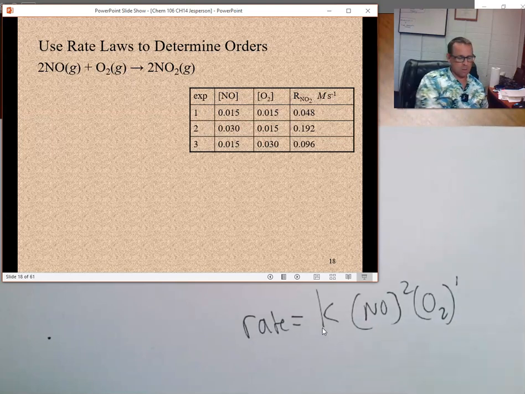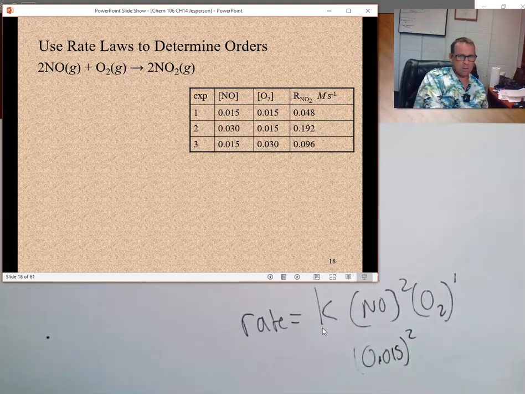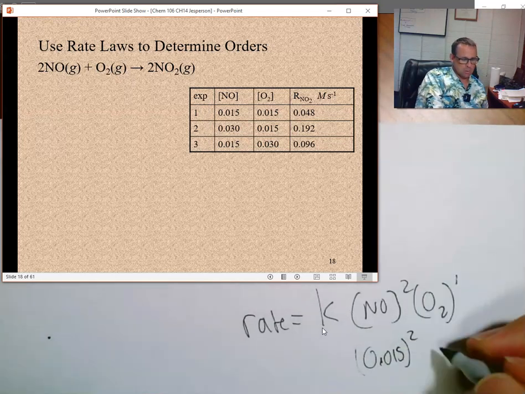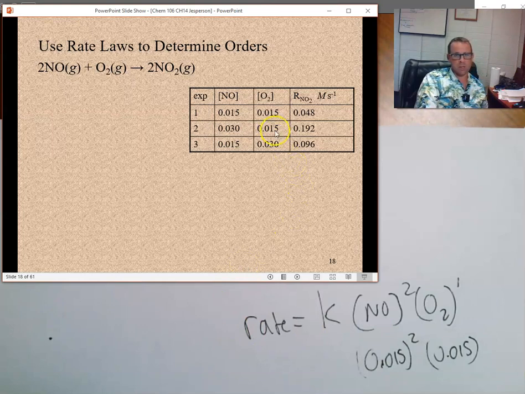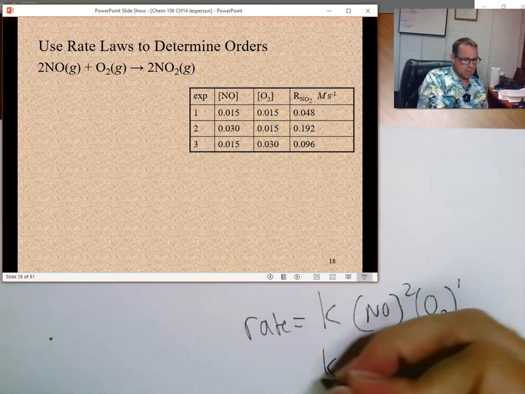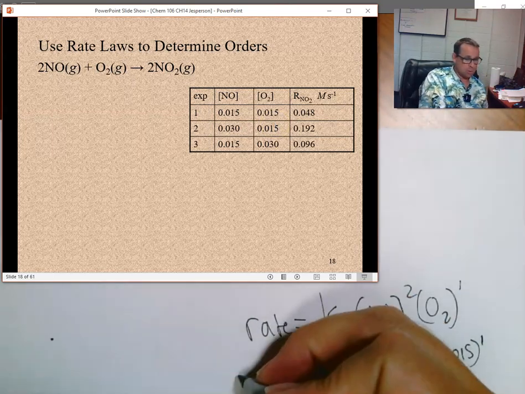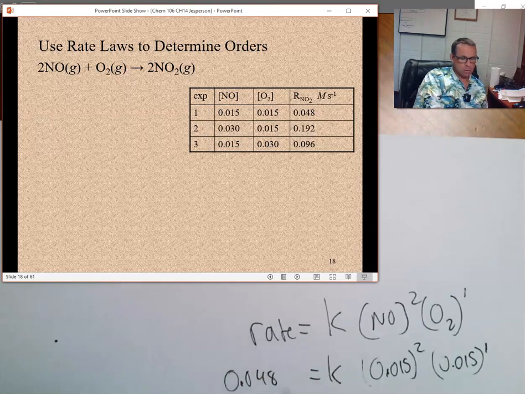I'll choose the first experiment, 0.015 squared, 0.015. This is again choosing experiment 1 here to the 1. Lowercase k is what we're trying to solve for, and the result for this reaction was 0.048 molar per second.